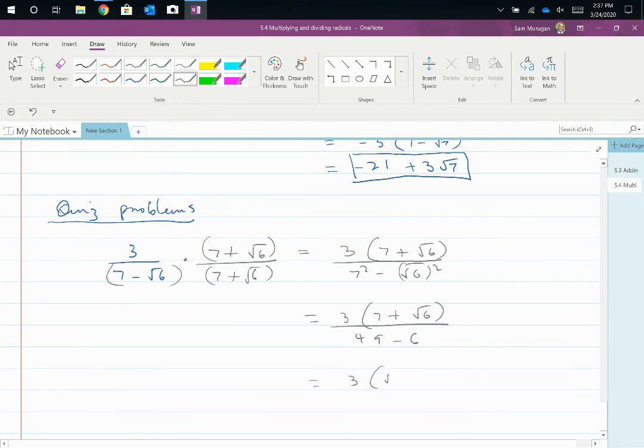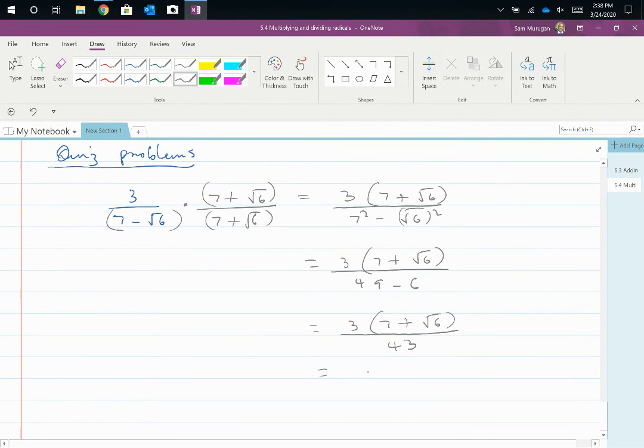3 times 7 plus the square root of 6 divided by 43.